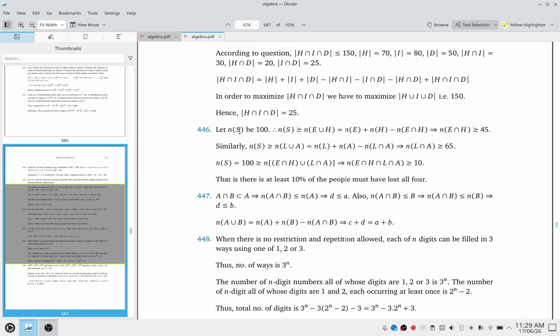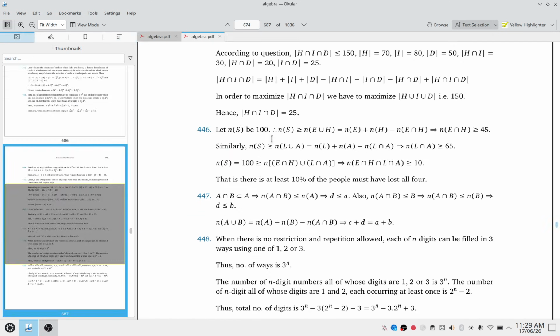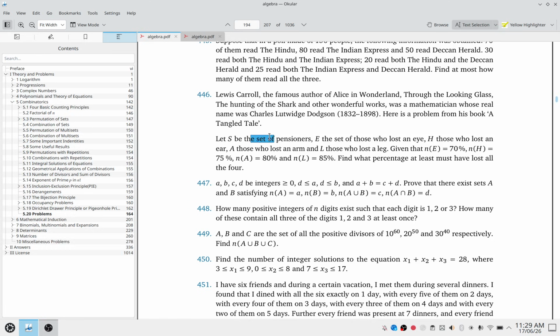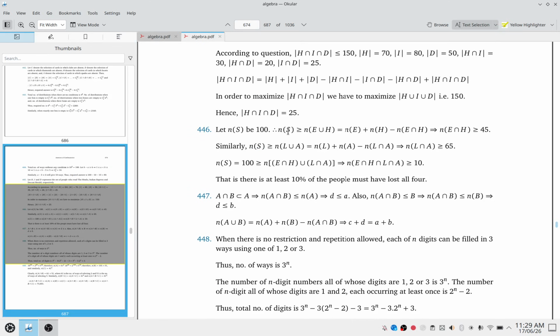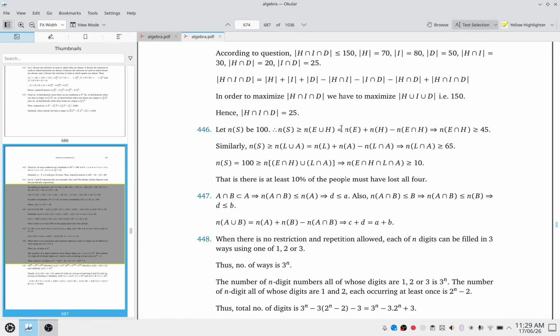So let n(S) be 100, okay? The set of pensioners. We let the number be 100. Now, the number of pensioners should be greater than or equal to the number of E union H. That is those who have lost an eye and those who have lost an ear, okay? So this union is equal to this much, okay? This implies that the intersection is greater than or equal to 45.